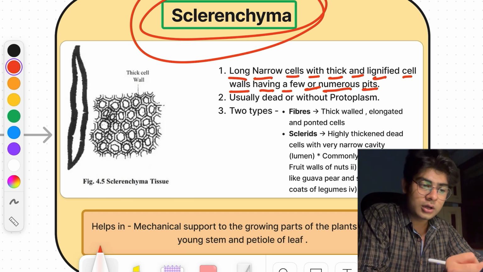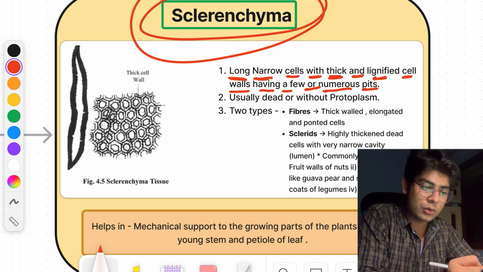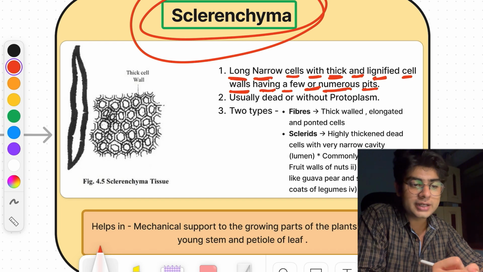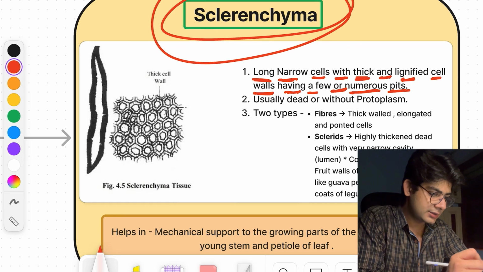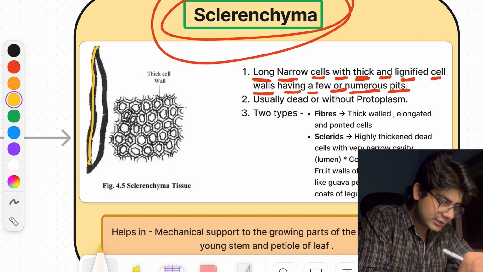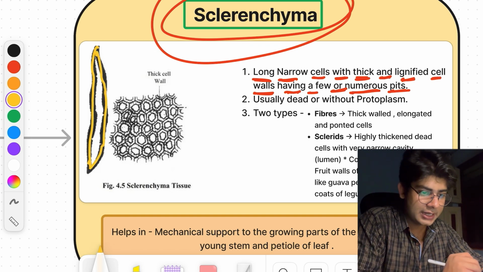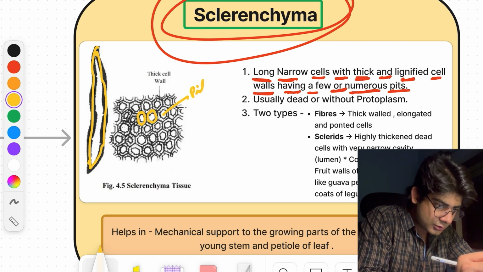As you can see in the picture, these are the cells of Sclerenchyma: long, narrow, thick and lignified cell walls having a few or numerous pits. As you can see, these are the pits.